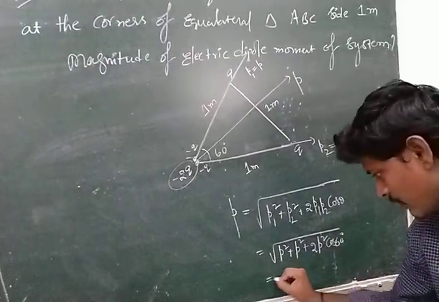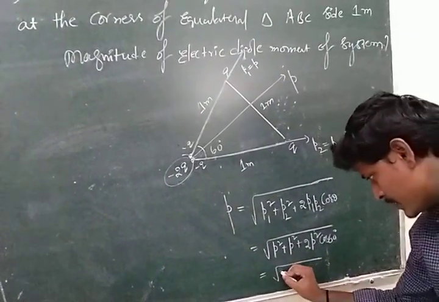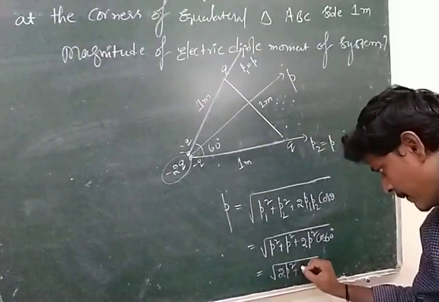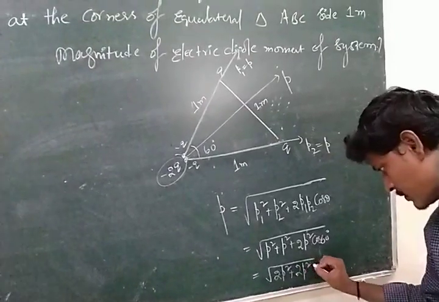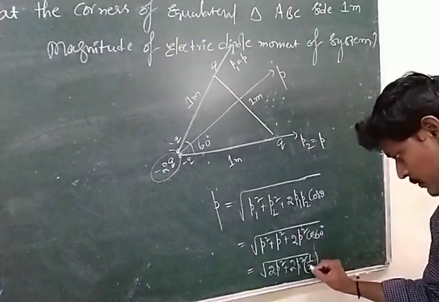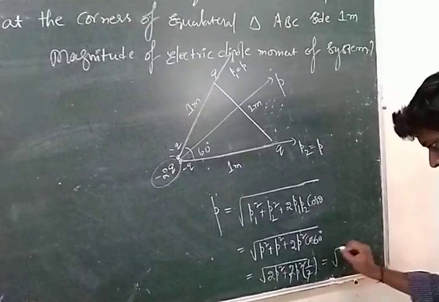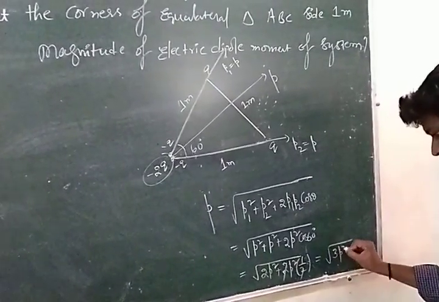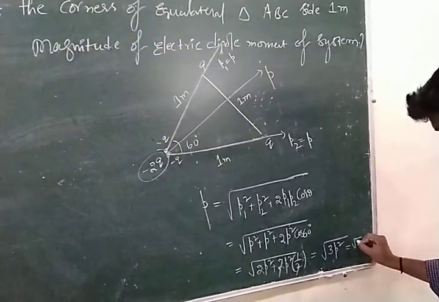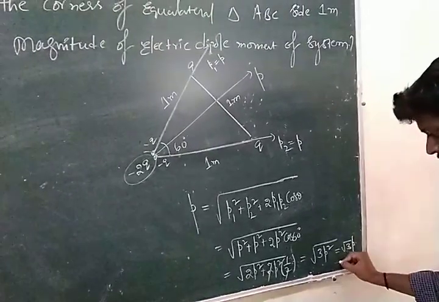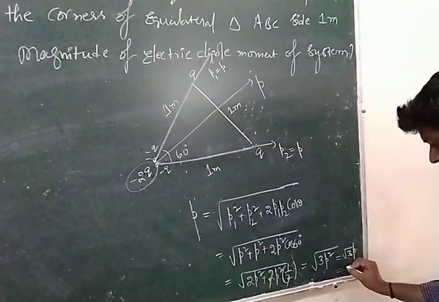Therefore P square plus P square, that is 2P square, and 2P square into cos 60, that is 1 by 2. Here root 3 into P square. Therefore root 3 into P.